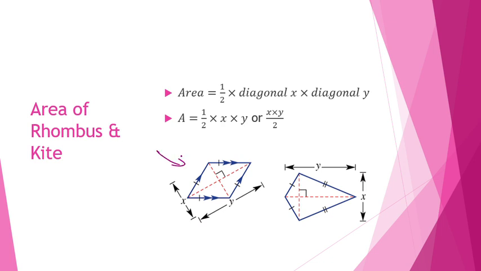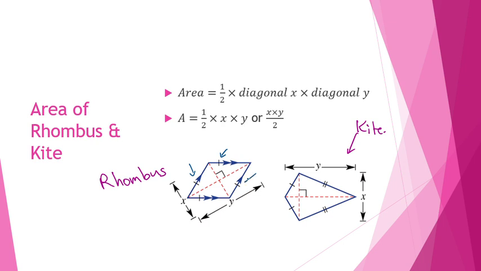This shape right here is a rhombus. And this shape right here is a kite. You can tell them apart quite easily, but if you look at the rhombus picture, each side has those dashes.